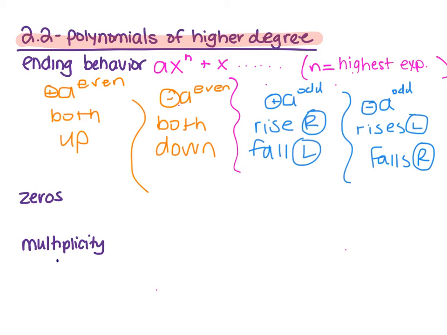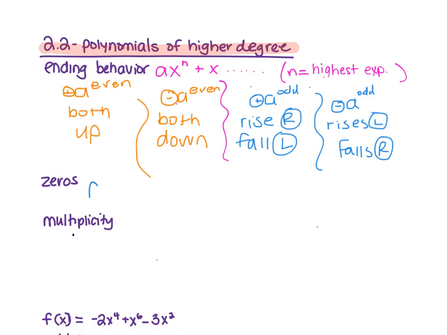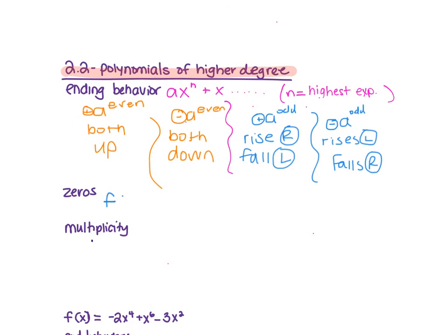So this is chunked together just like your quadratic. You're going to be given one equation, and then it's going to ask you a series of questions based on that equation. It's going to ask you for the end behavior. It's going to ask you for the zeros, so for that I'm going to set f of x equal to 0 and solve it, so factor and solve. It's going to ask for the multiplicity, which is the number of times a root occurs.